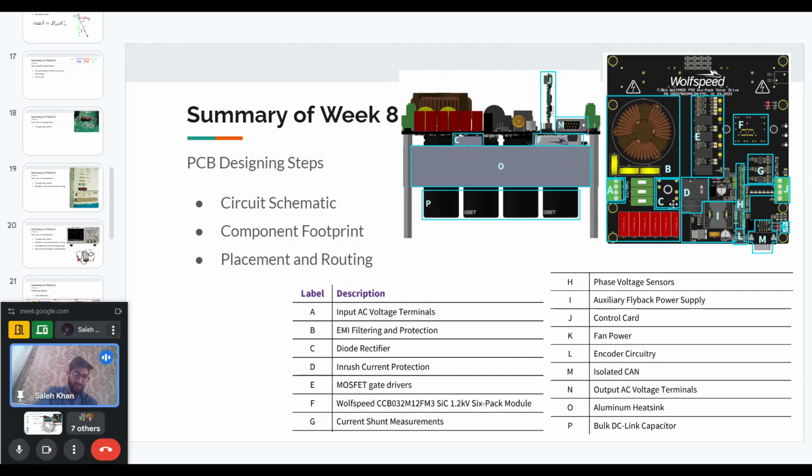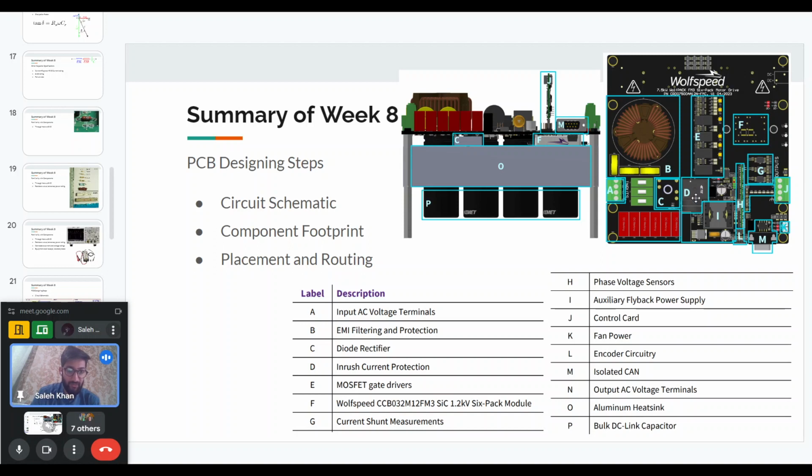The C portion, this small C portion, is the three-phase diode rectifier. It comes in one single package. They are not six separate diodes; they are six diodes, but they come in one package. You will have the two DC bus terminals, and you will have the three midpoint terminals of the rectifier.